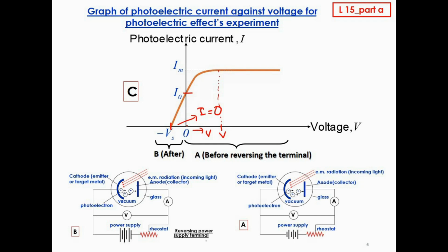Why does the current flow in the circuit equal 0? That is because all the electrons emitted from the cathode are totally repelled by this anode, which is now negative. At this moment, the reverse voltage is called Vs, where Vs is the stopping potential.